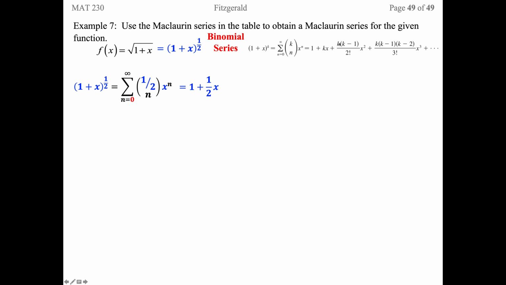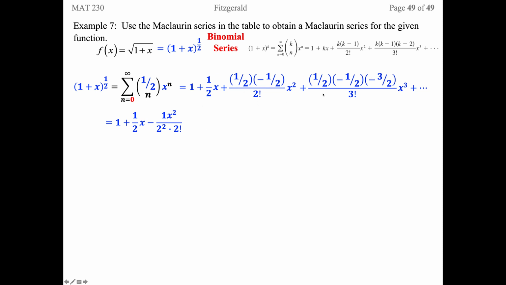And then we're going to have 1 half times 1 half minus 1, which is negative 1 half over the 2 factorial times x squared. 1 half times 1 half minus 1, that's going to be the same negative 1 half. Now, 1 half minus 2, that'll be a negative 3 halves.